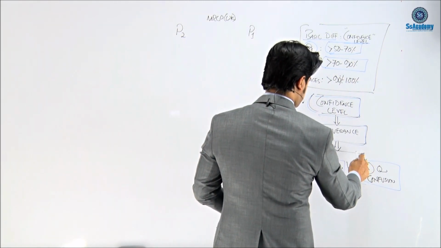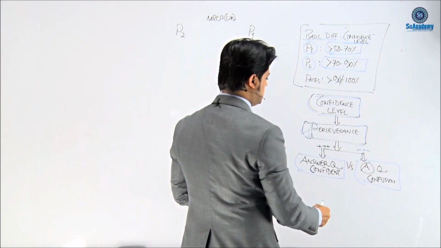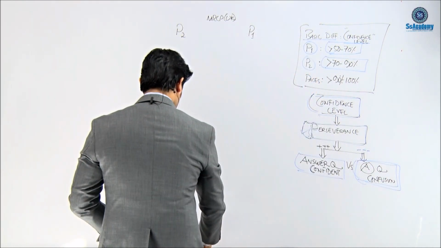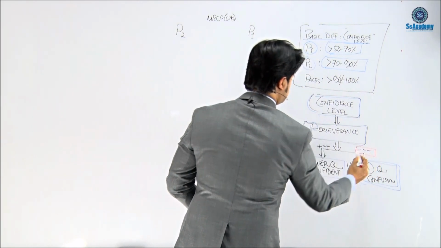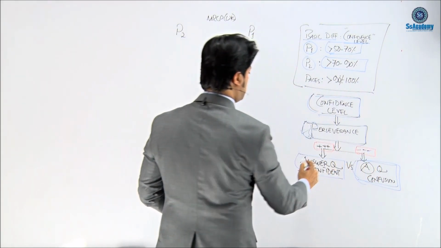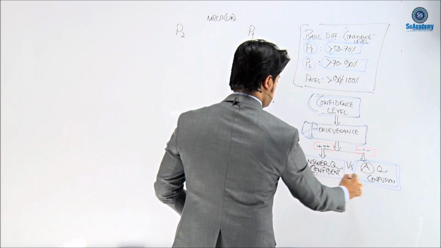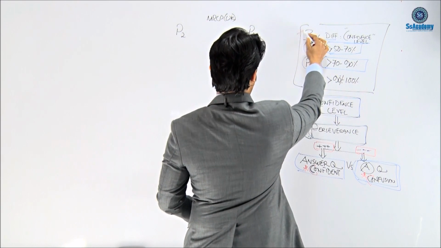And if there is less perseverance, it will give you answering questions with confusions. So this minus means you have done less perseverance, plus means you have done more and more perseverance. So we'll have confident versus confusions. I hope that you got it, my dear.